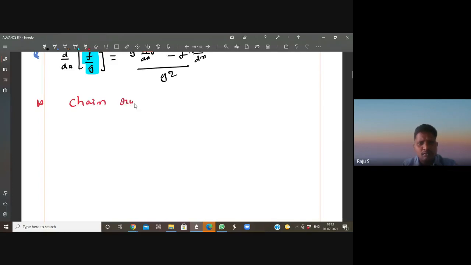Chain rule. If I take y as a function of u, take any variable, that's your wish, y of u, and u is a function of v, which is a function of t, which is a function of x.